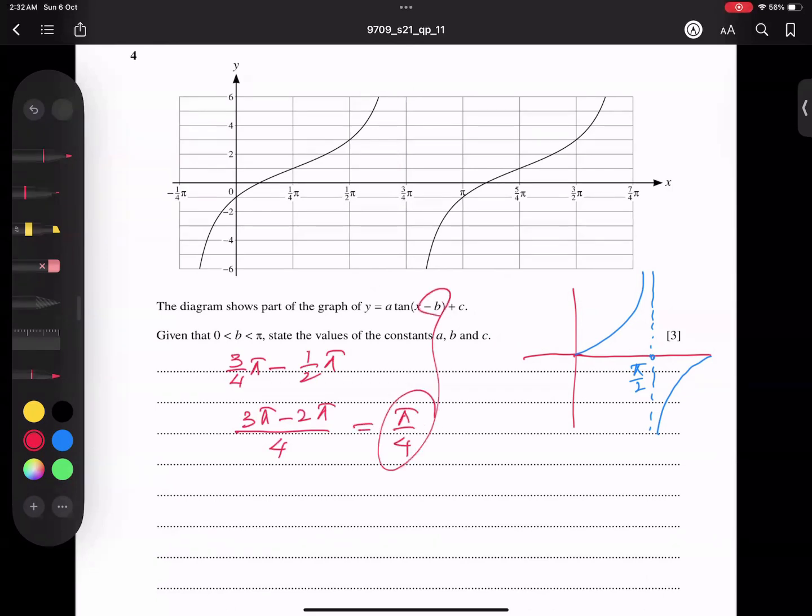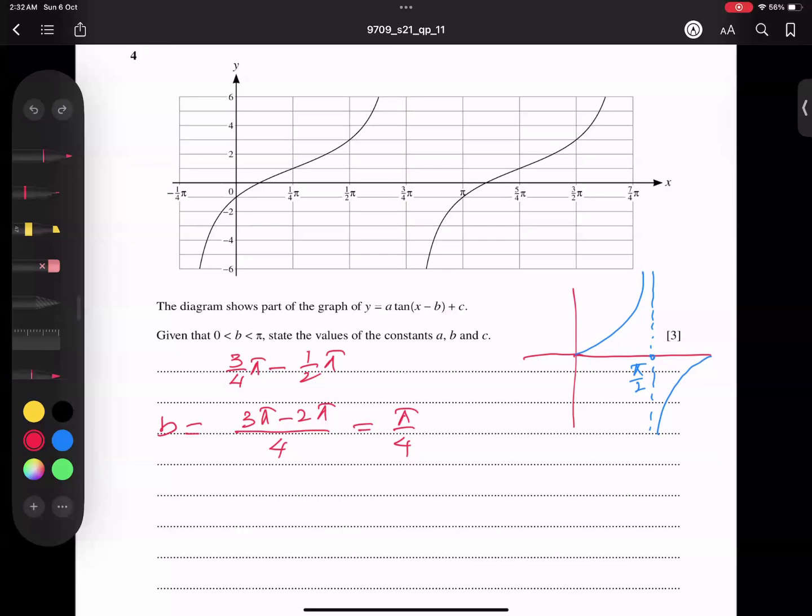So for this B value I got a translation because it is shifting. You see, originally the line was here, the asymptote is shifting here. So this x shift, how much? It is very clear, it is pi by 4. Okay, this is clear because this negative is fixed, as I said before.